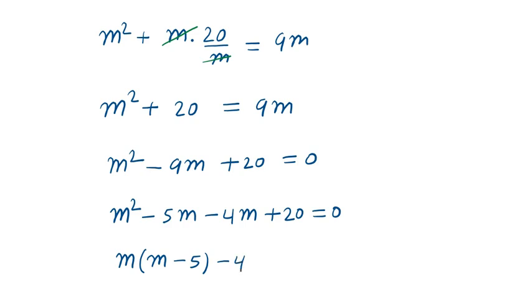If we take minus 4 common, then minus 4m divided by minus 4 gives m, and 20 divided by minus 4 gives minus 5, is equal to 0. On the left hand side m minus 5 is a common factor. If we take m minus 5 common, then you will get m minus 4 is equal to 0.